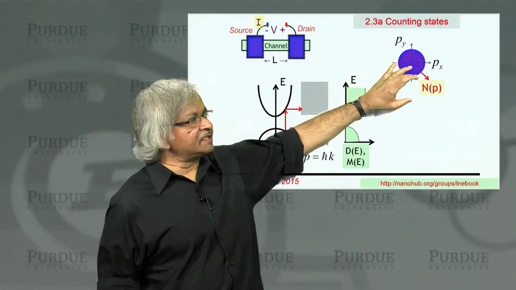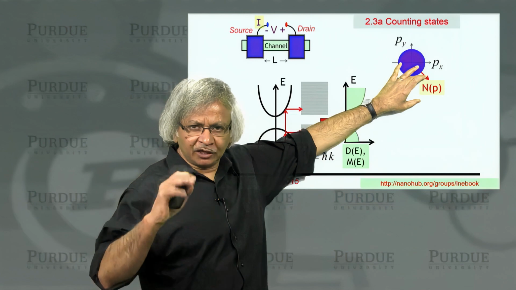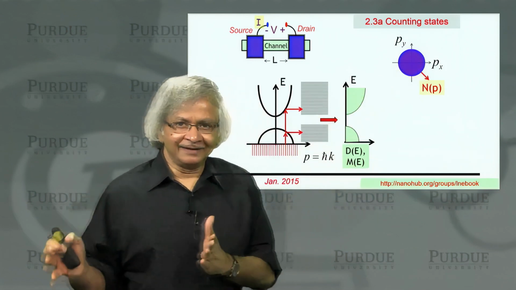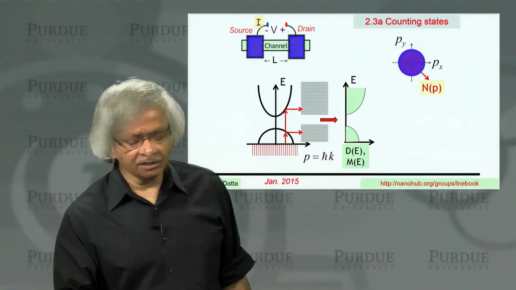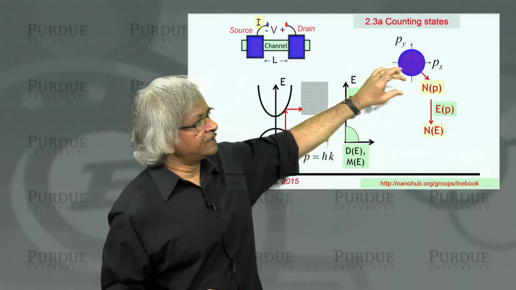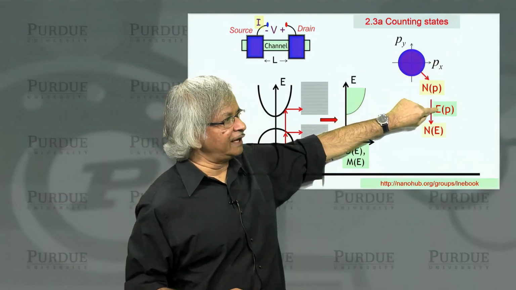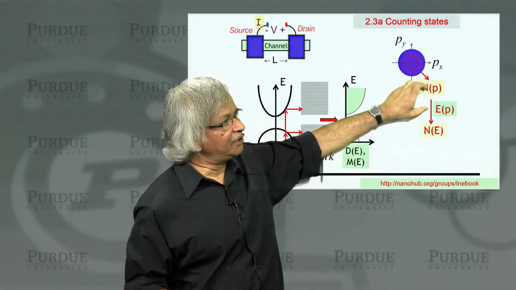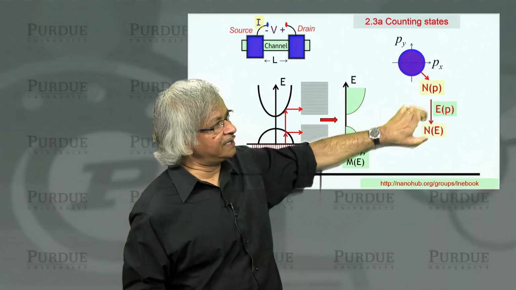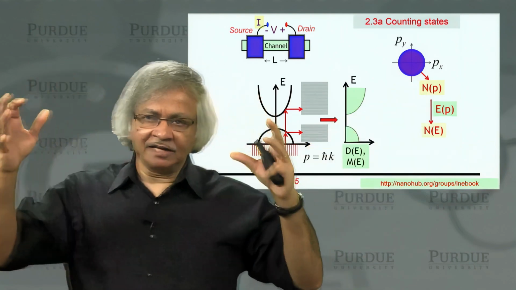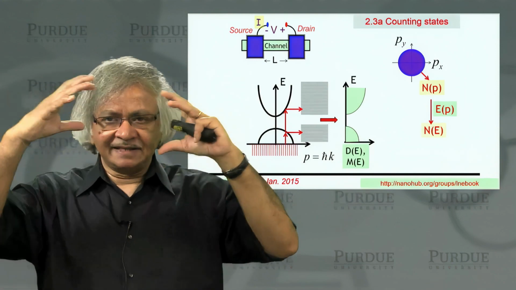But once you have this n of P, that's of course not the end of the story, because what we really want eventually is to get to density of states and number of modes. The way it works is that given this n of P, and since we know the energy momentum relation, you could eliminate the P and get an n of E, which tells you how many states have an energy less than some value.